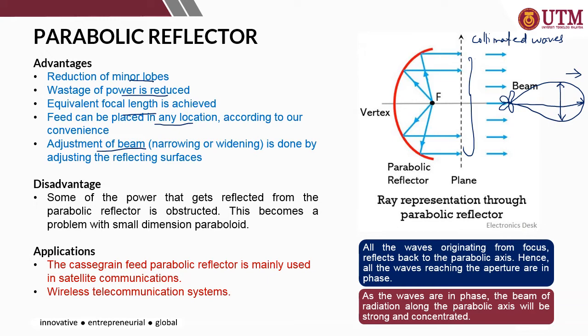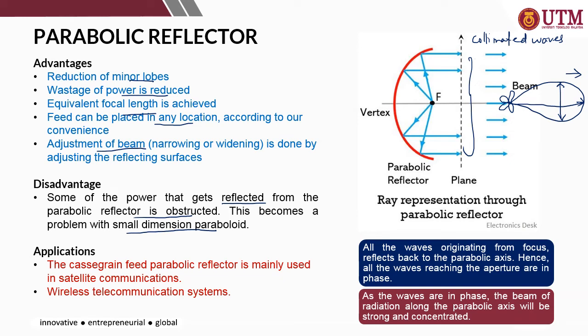But the disadvantage of this parabolic reflector is that some of the power gets reflected from the parabolic reflector due to the obstruction, and this usually occurs when the dimension of the paraboloid is small.